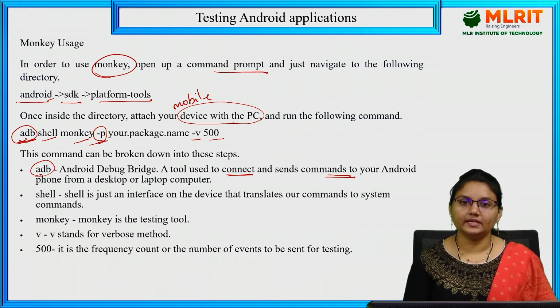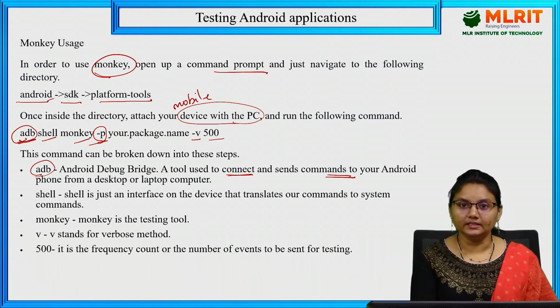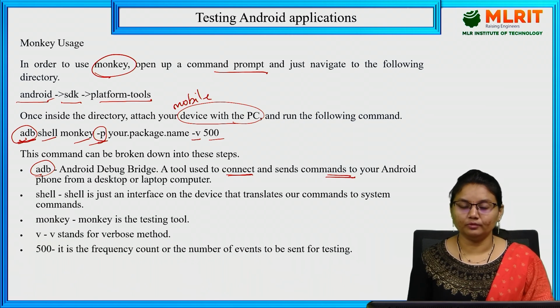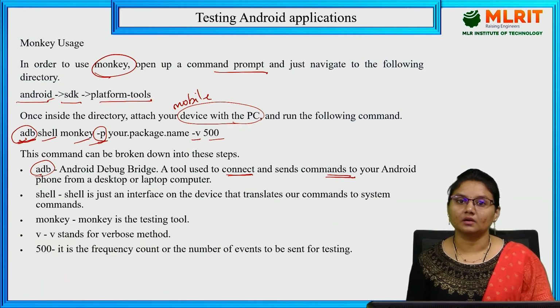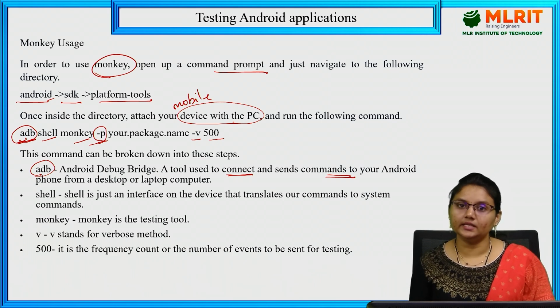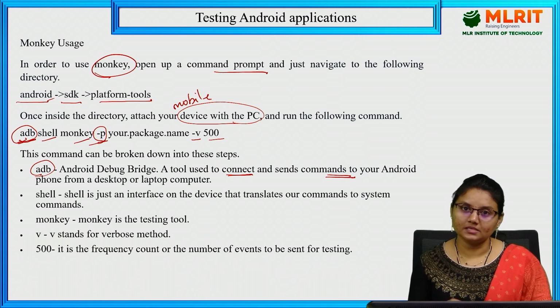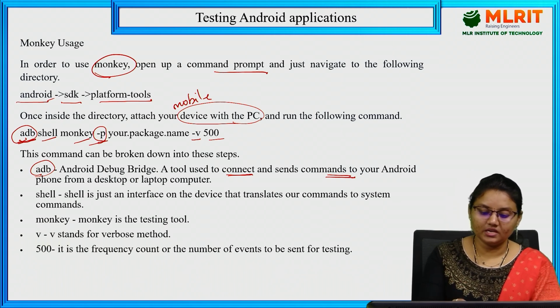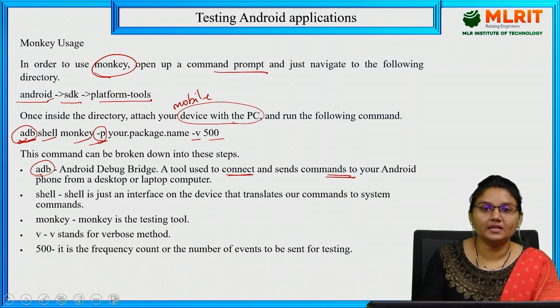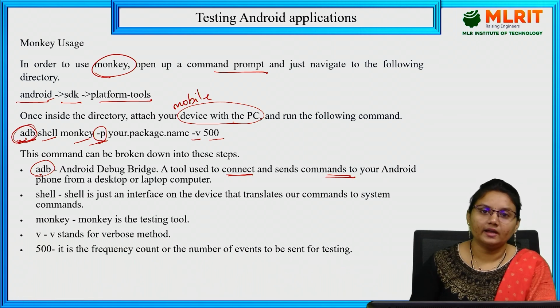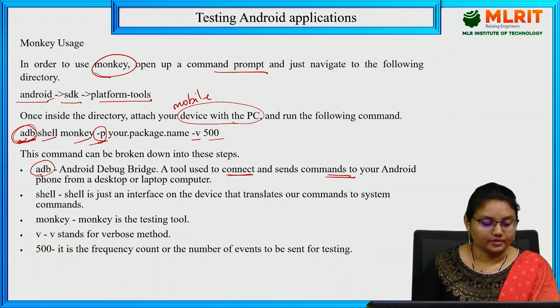By using this ADB, it is sending signals, messages to your Android phone that you have to open this. When you click something, it tells the phone to perform accordingly. In that way, it connects and sends commands to your Android phone. For that, we are using ADB, Android Debug Bridge.